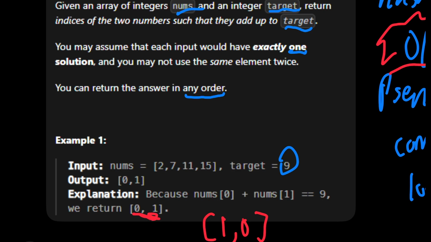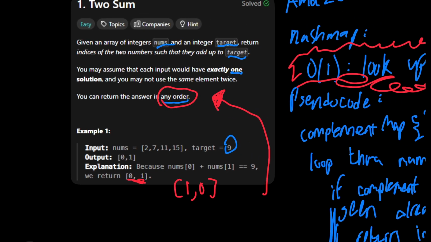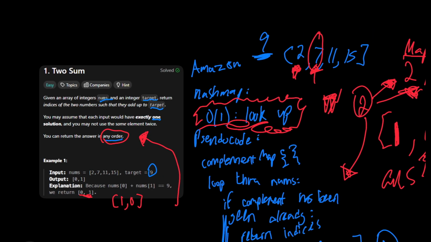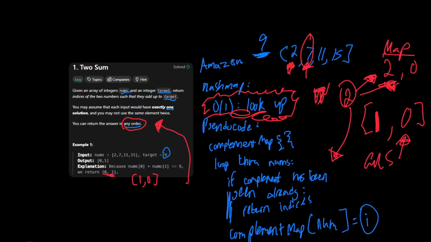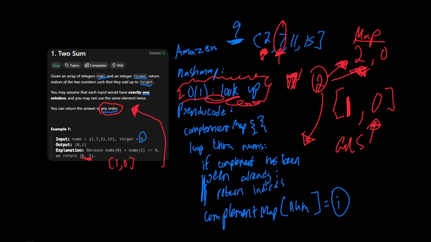This explanation is saying 0, 1, and you're like, oh no, it doesn't actually work. Well, if we look up here, it says in a clarifying way that we can return our answer in any order. That's very important because this solution would not work otherwise. So that is basically our pseudocode for this.